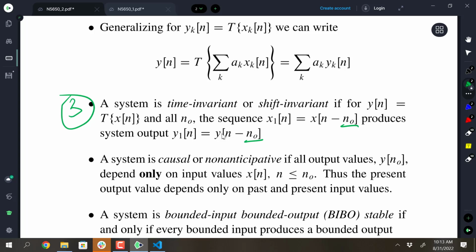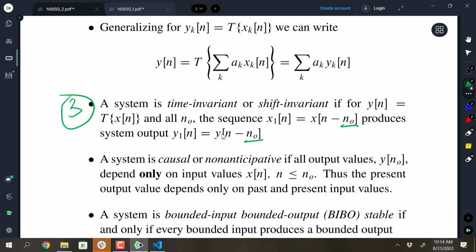The idea of time invariant means that the network, the analog circuit or the algorithm, the properties of them do not change with time. I put them into service at 6 a.m. in the morning, and at 12 noon, when the sun is beating down on that algorithm or the electronics, it still behaves the same. Nothing has changed in terms of the algorithm or the components.